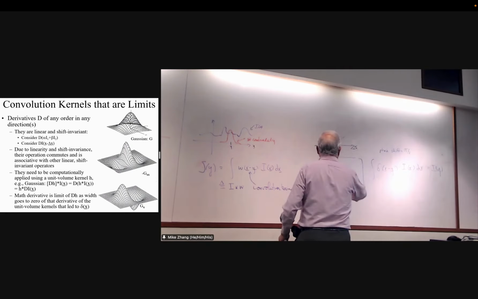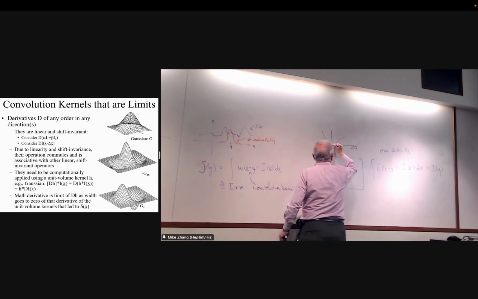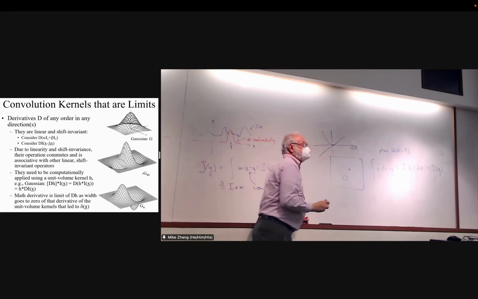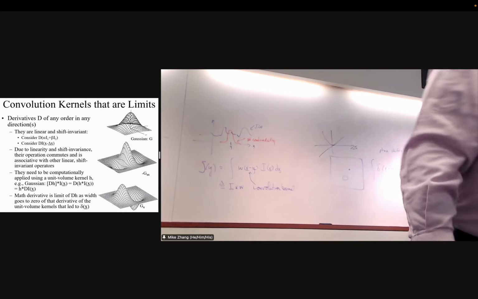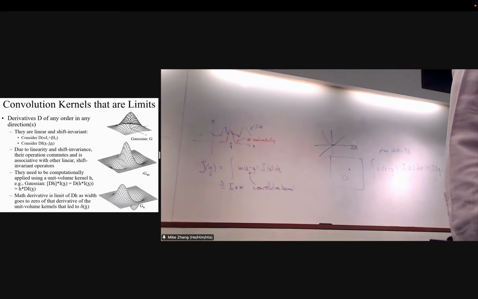And so we're going to get the square of this thing, which is a quadratic function that looks like that, right? And that's what the second derivative operator is going to look like. It's just multiplying by nu squared.